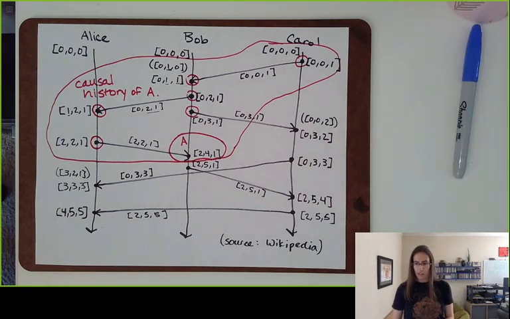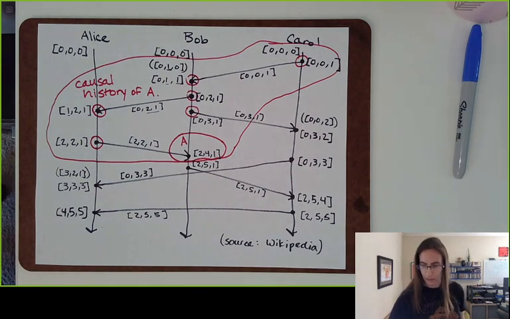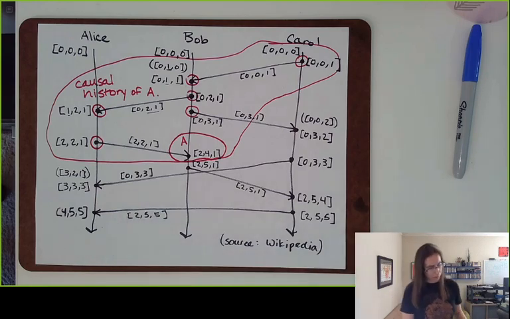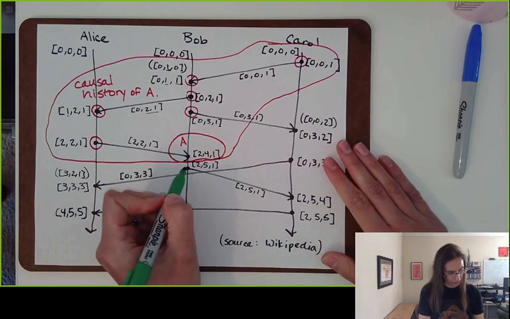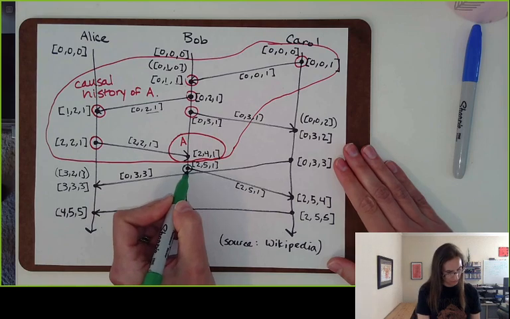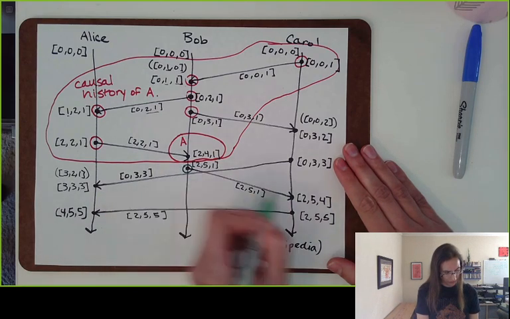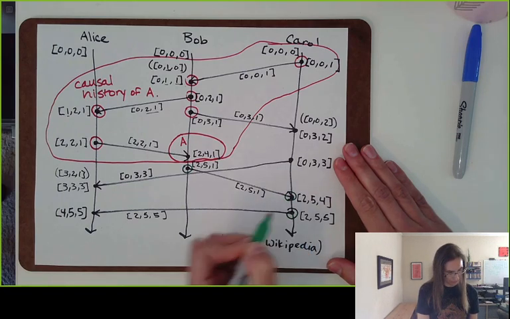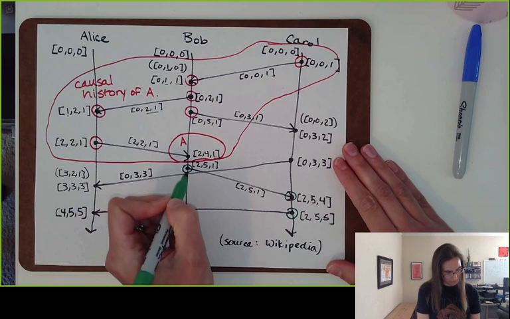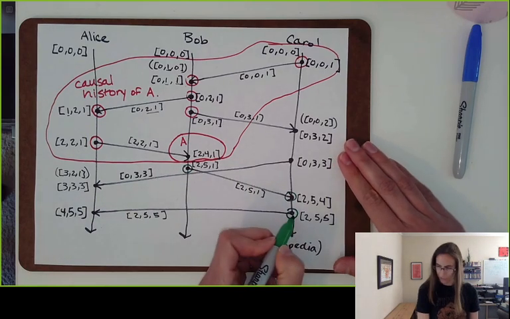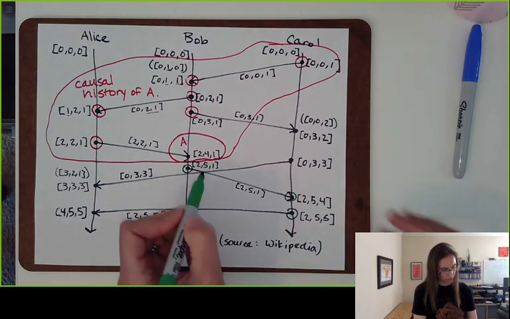Likewise, if we were to look at all of the events that we know are causally later than A, this one, for example, we know is causally later than A. And then what's causally later than that? Well, this one and this one. Is that it? I think that might be it. So these are the events that are causally later than A. What do we see when we look at their vector clocks?